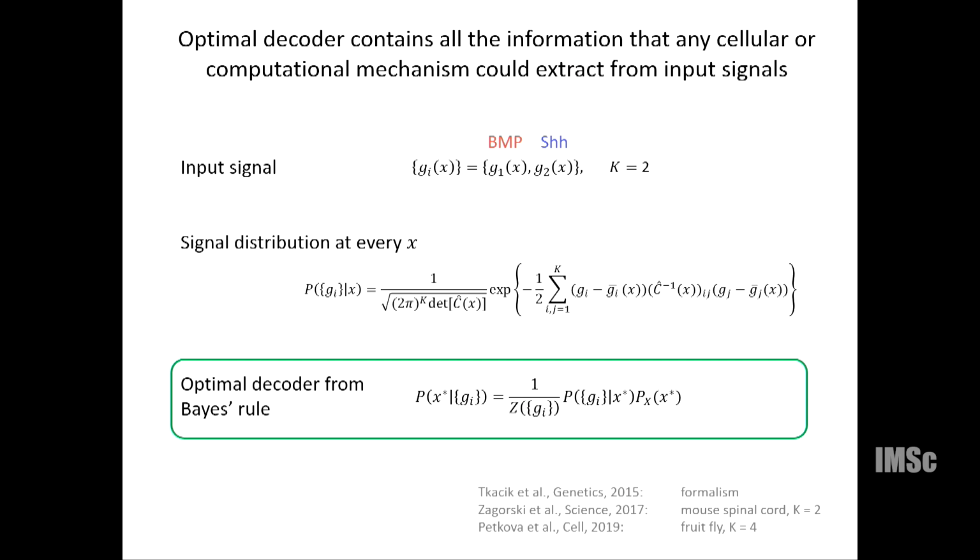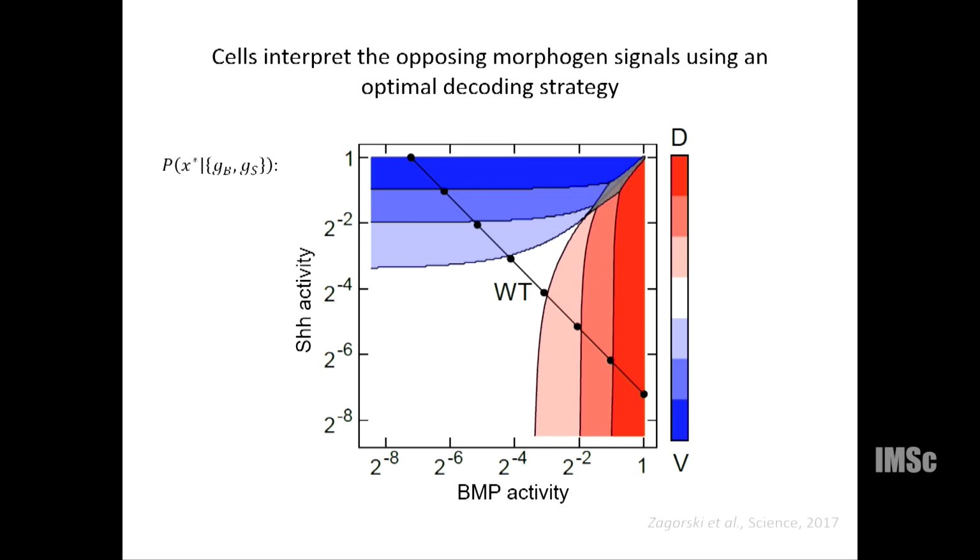And okay, the rest is exactly the same, so I'm not going to explain that. We apply Bayes' rule, and we don't even want to construct the decoding map as defined previously, but we want to get this posterior distribution. So given my input signal, what's the most likely fate? And represent it also as a kind of decoding map, but meaning this posterior distribution. That's the nomenclature we use in this paper.